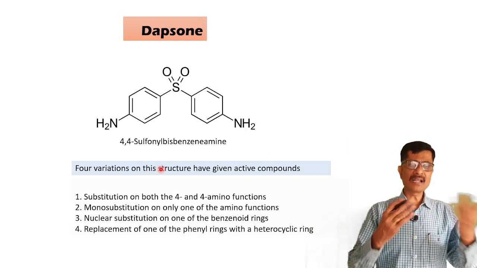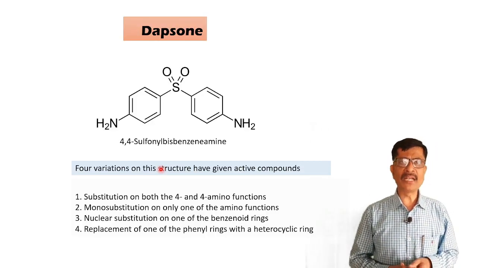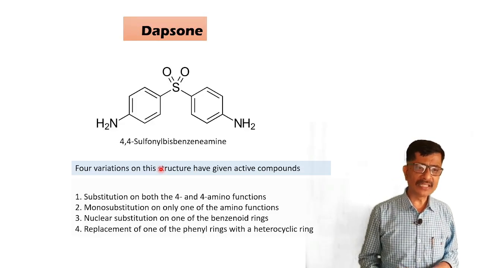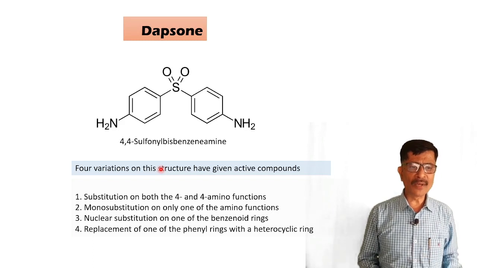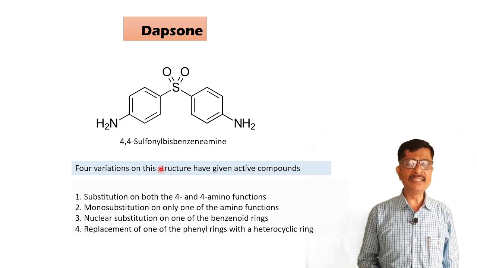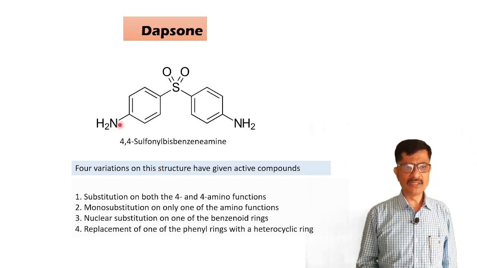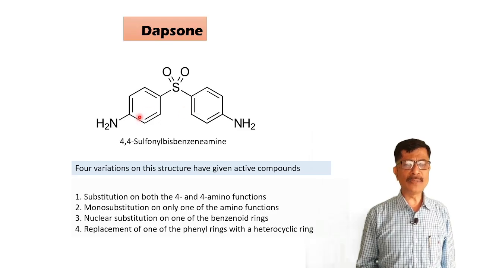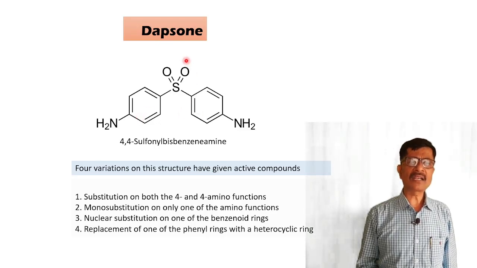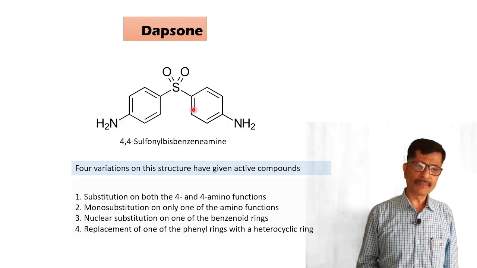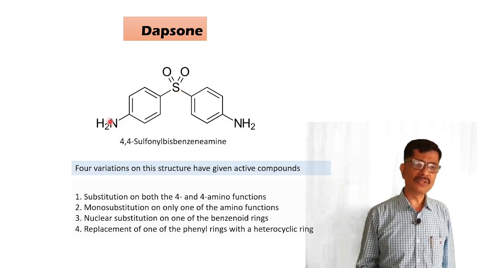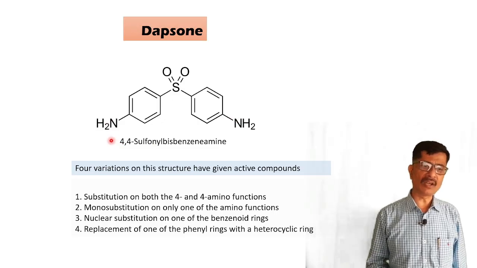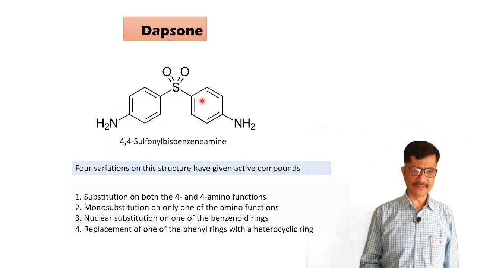Another class of sulfonamide, you can say, is dapsone, that is 4,4'-sulfonyl bisbenzeneamine. So these two benzenes are bridged by an SO2 group, and there are two amines substituted on the benzene.